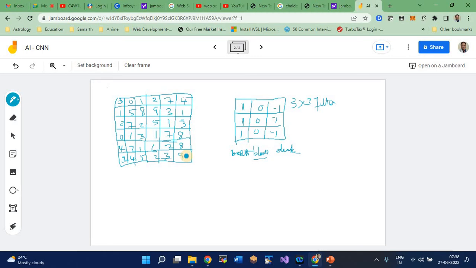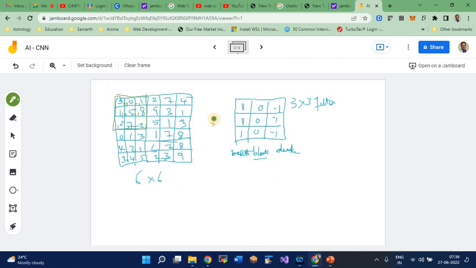Now if I want to apply this filter on top of this, it is a 3 by 3 filter, and this is a 6 by 6 image, okay, pixels, and this is a 3 by 3 filter. If I want to apply it, I will apply this filter first on top of this. That means this would be 1 1 1, 0 0 0, minus 1 minus 1 and minus 1.